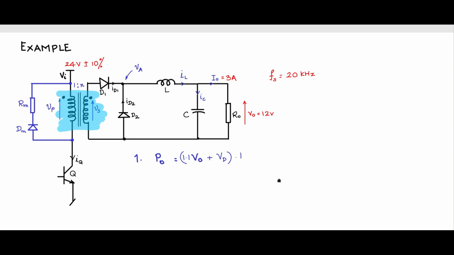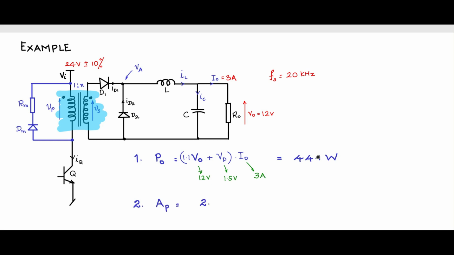So this will give us a slightly higher voltage at the secondary, so that all these drops are taken care of. Into I0 will be the power at the terminals of the secondary. So apply V0 12 volts, VD of 1.5 volts and 3 amps, you will get around 44.1 watts. So for this secondary output power, we need to design the transformer.